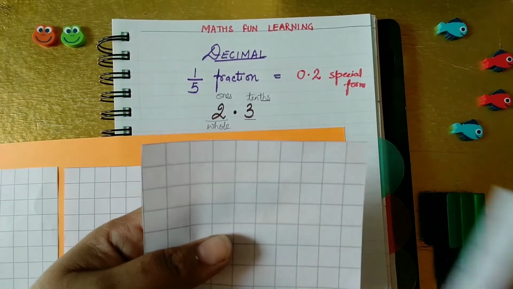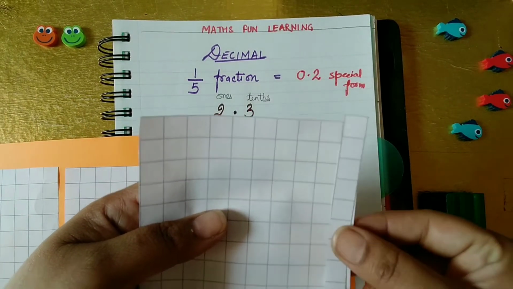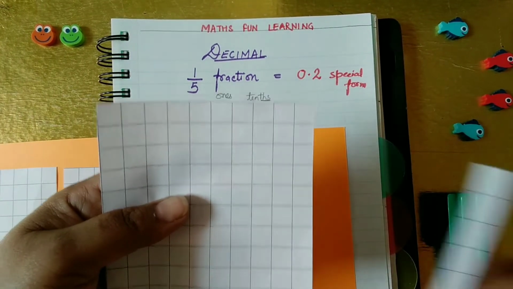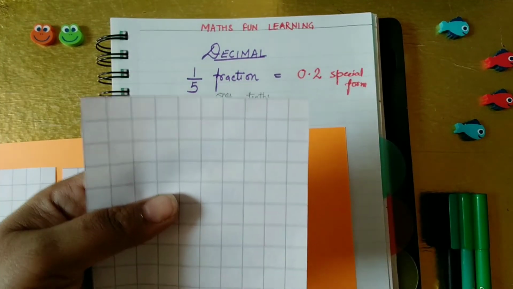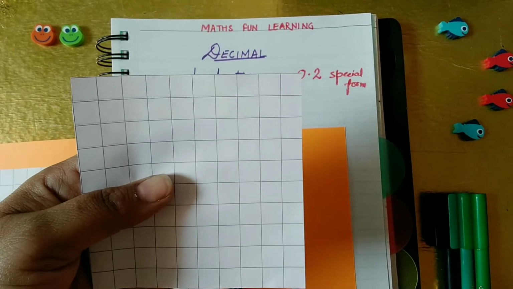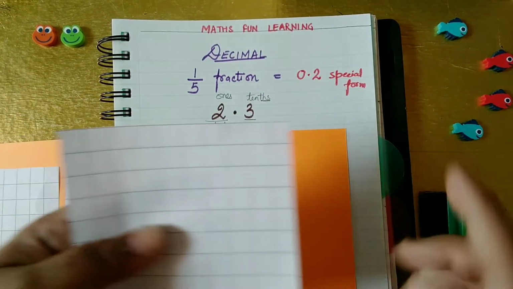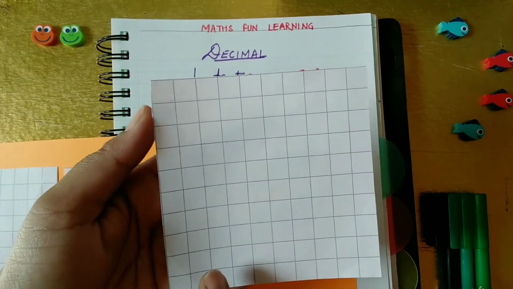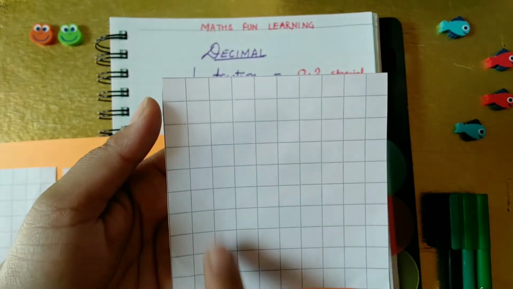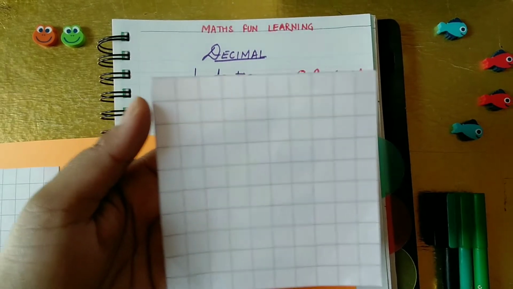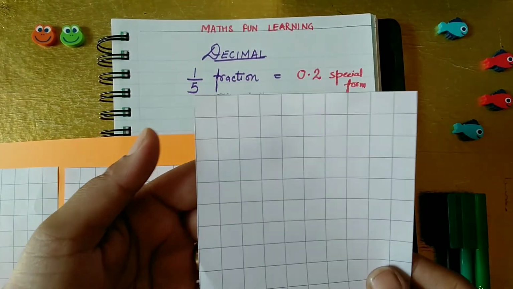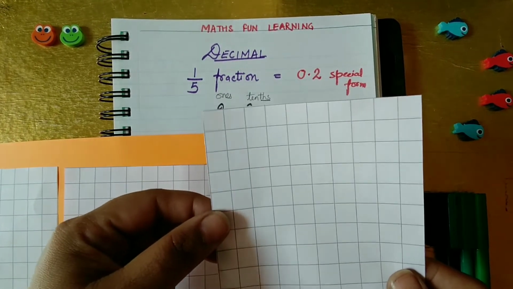This is one rod, you can see I cut this part from the other one. The same we have to cut. How many rods do we need? We need 3 rods. Out of 10 rods, we need only 3 rods.